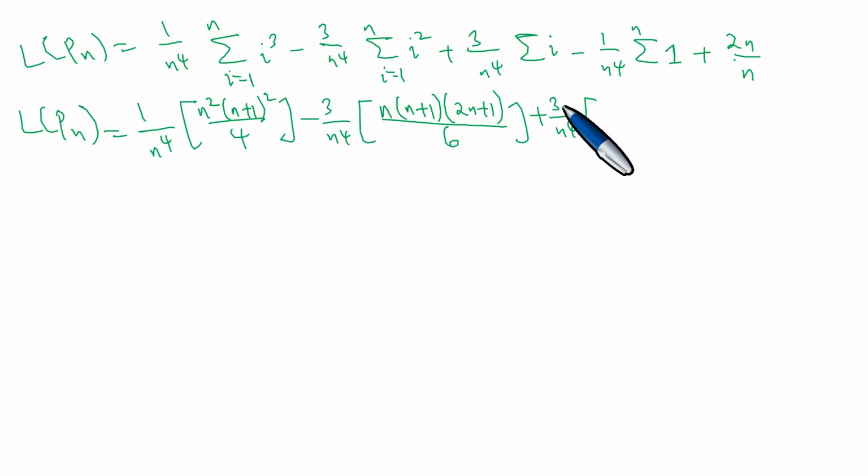Then you have the sum of the ones. The summation of the i's is n into n plus 1 over 2.